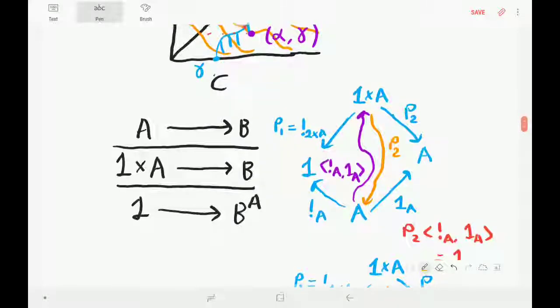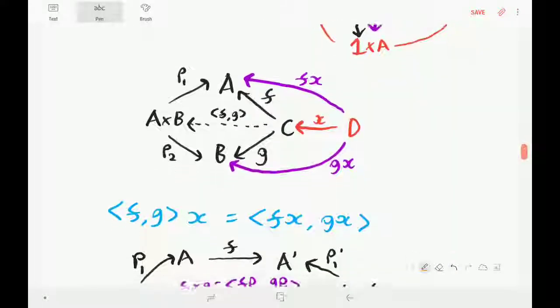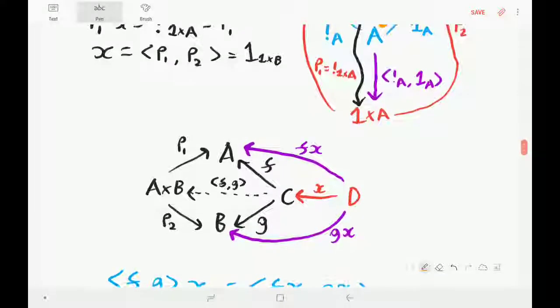Now let's make sure we understand the terminology properly. I think this is a fundamental thing here, really. Categorical product, of course, we have to understand.